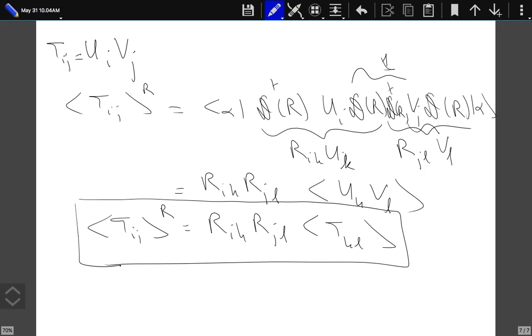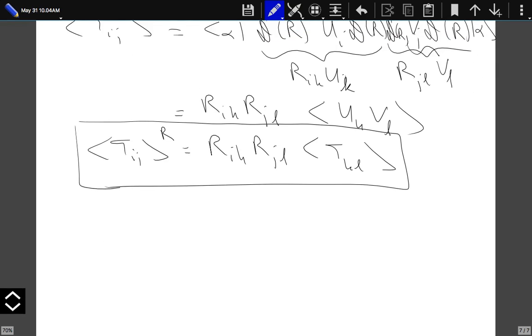This is our tensor operator. In each one of the indices, it just transforms like a vector.